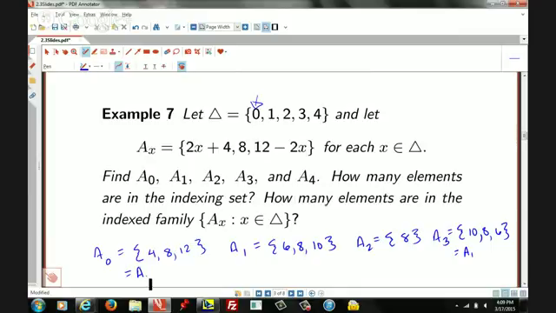What is A4? Yeah, so that's going to be A4. So some of them are duplicated. Notice that there is no A5. Why is there no A5? Five isn't in my list of possibilities. 5 isn't allowed.